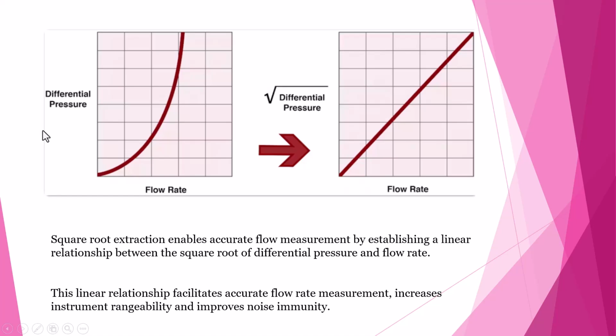The input and output are not linear, but after the square root extractor, the input and output are linear. Look like this. The linear relationship facilitates accurate flow rate measurement, increases instrumentation rangeability, and improves noise immunity.